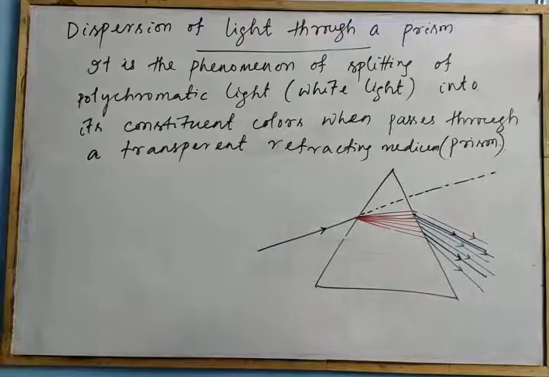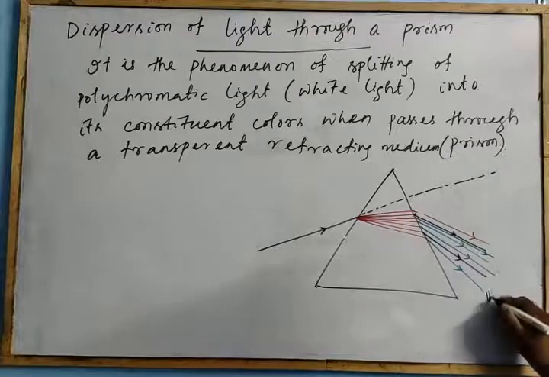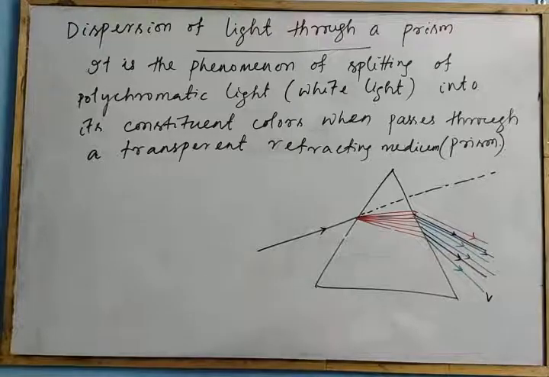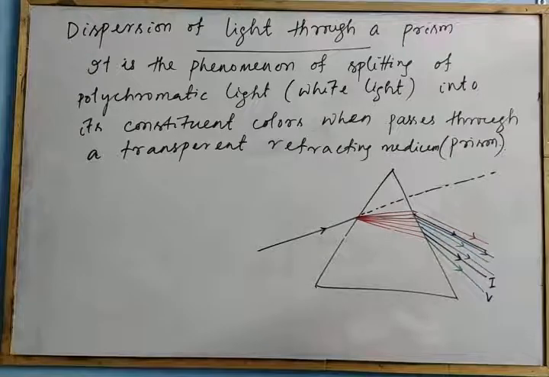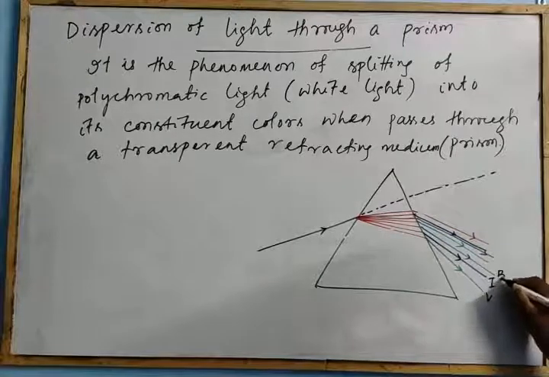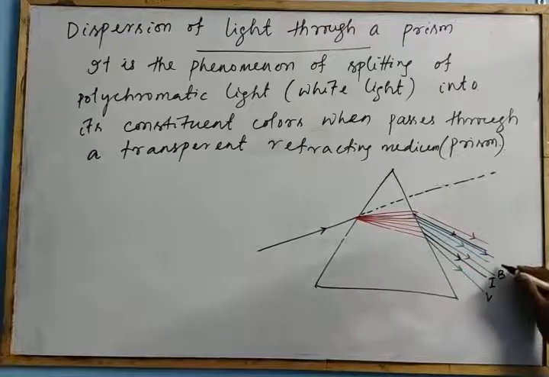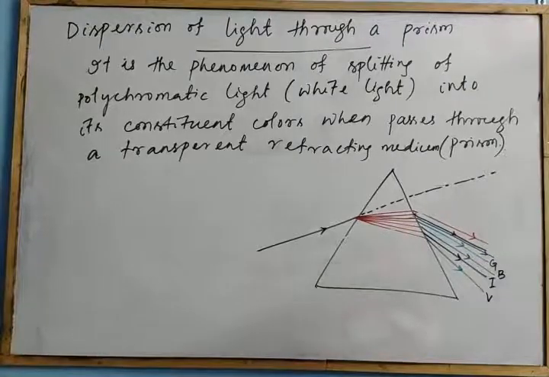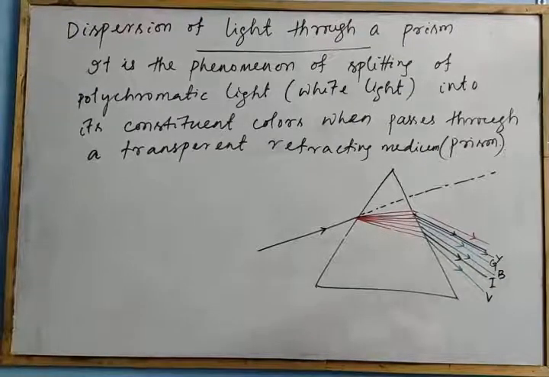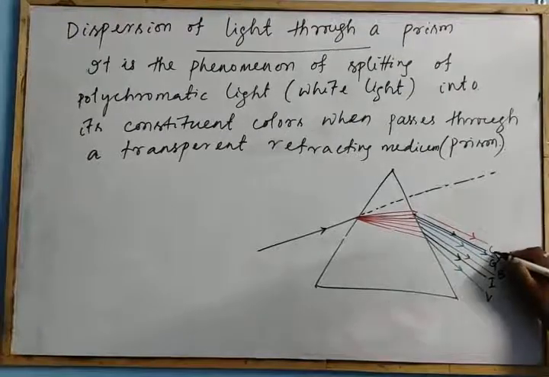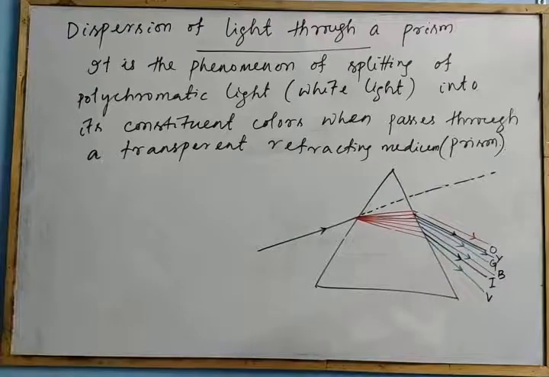And what is the order? You will find that they are violet, then indigo, next blue, then green, then yellow, then orange, then red.